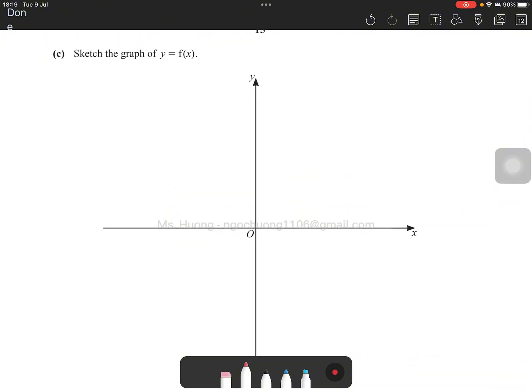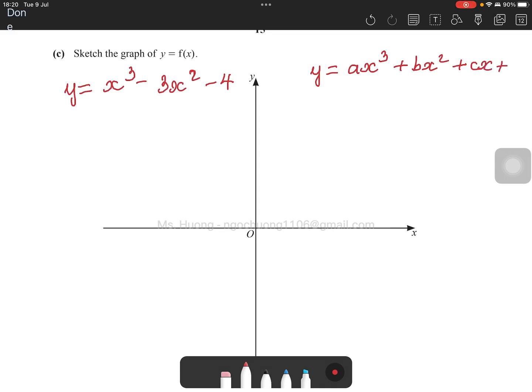C. Sketch the graph of y equals f of x. According to question B, you know that the line is y equals x cubed minus 3x squared minus 4. And you know that the general form of a cubic graph is ax cubed plus bx squared plus cx plus d.